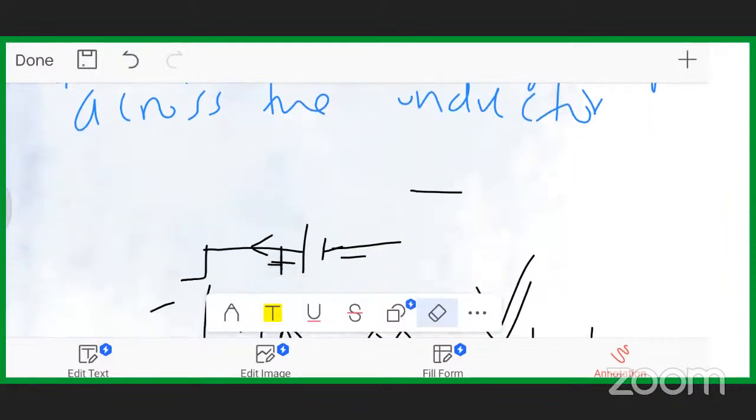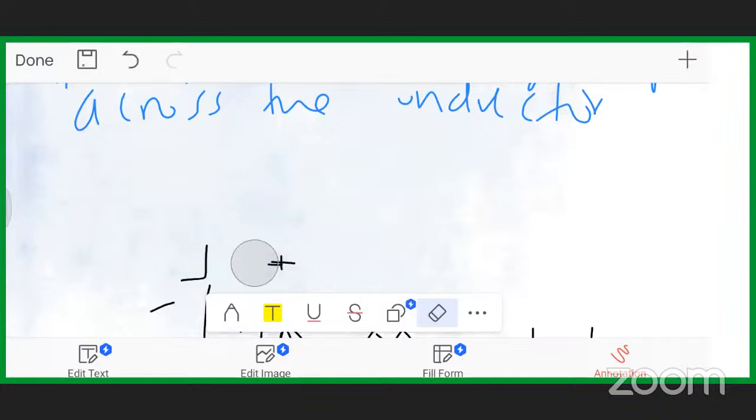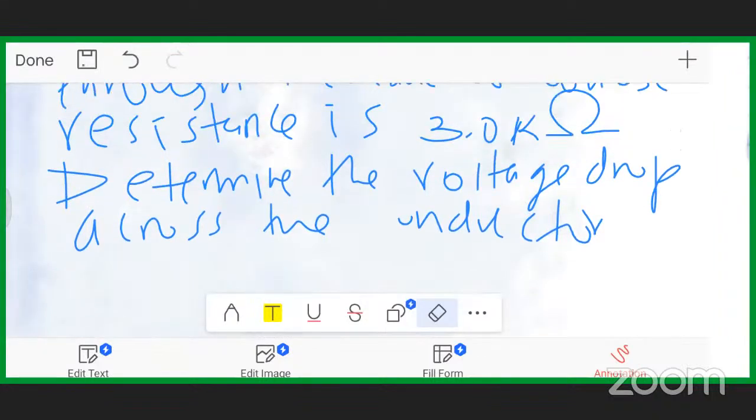It can be even a resistor itself. What is the value? What do you get?